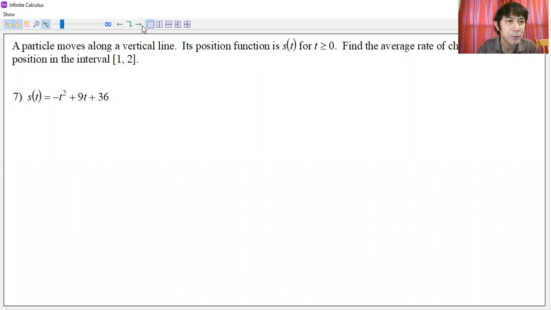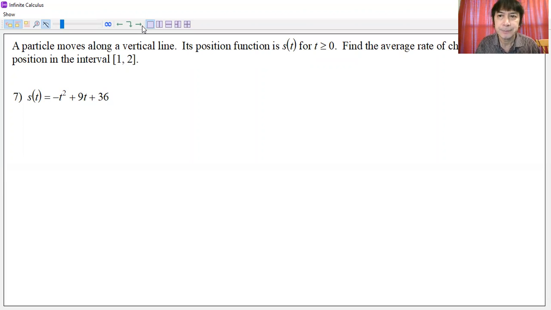Here's the given function, s of t. Our s here stands for displacement or position, the usual letter used for displacement.